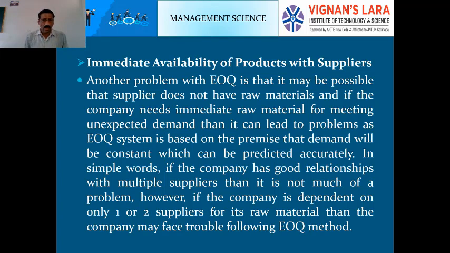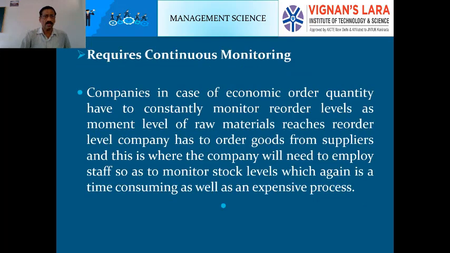So here, immediate demand means immediate raw material requirement. Where a manufacturer is maintaining only one or two suppliers, he is not able to provide the required material to the extent of immediate demand. In case many suppliers are maintained by the manufacturer, the problem does not arise at all.